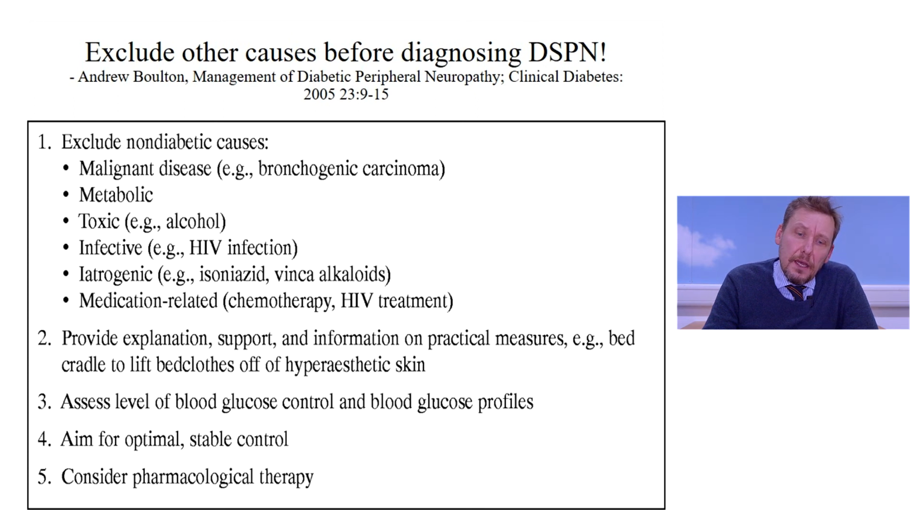In terms of management, of course, most consensus guidelines will advocate tighter glucose management to reduce the risks of progression of neuropathy, and that's certainly important, particularly in type 1 diabetes, where there is quite good evidence from studies such as the Diabetes Control and Complications trial, whereby there was a significant reduction in neuropathic outcomes in individuals who were intensively insulin treated after 5 years.